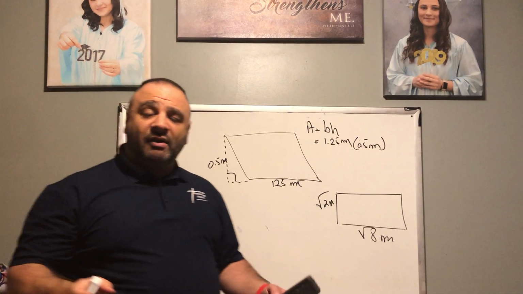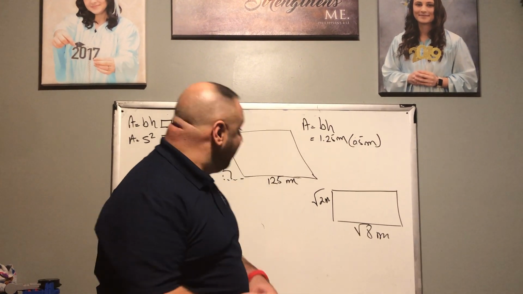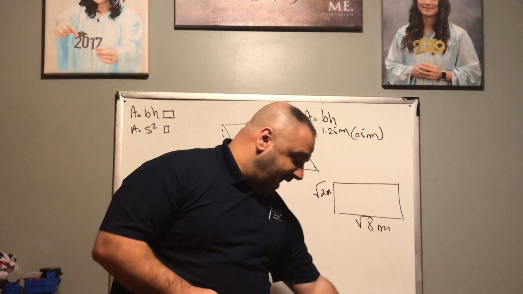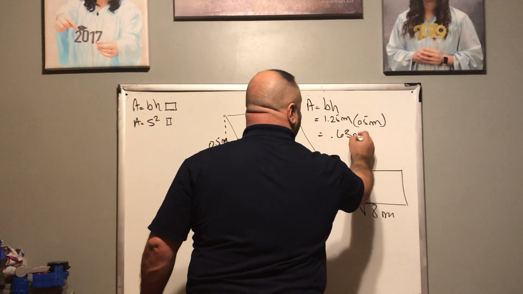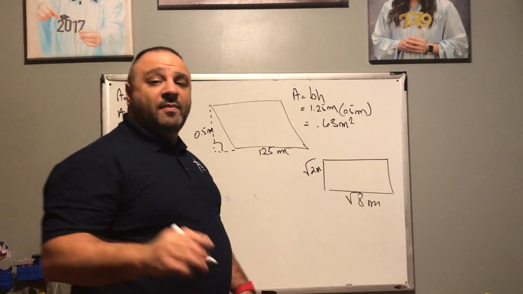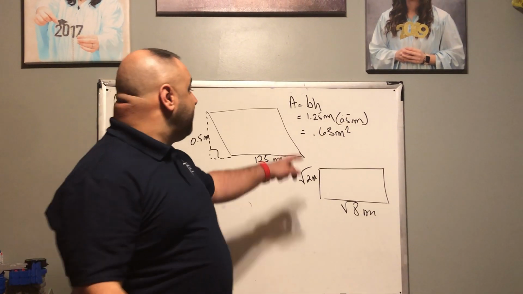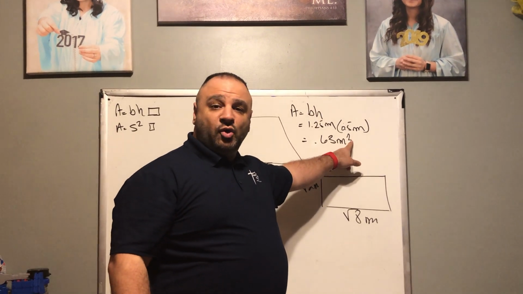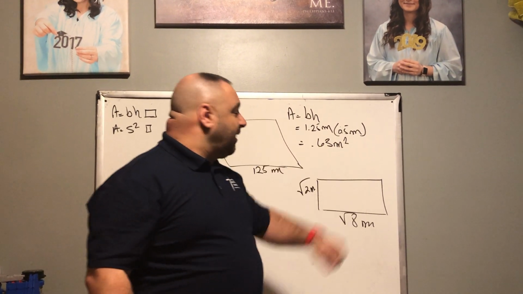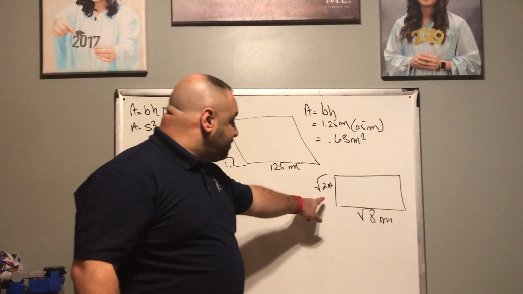Just get your calculator out, do simply 1.25 times 0.5, and we should have the answer 0.63 meters squared. Now remember, make sure your units are done correctly. Since we're doing area, the answer is always in square units. So 0.63 meters squared.